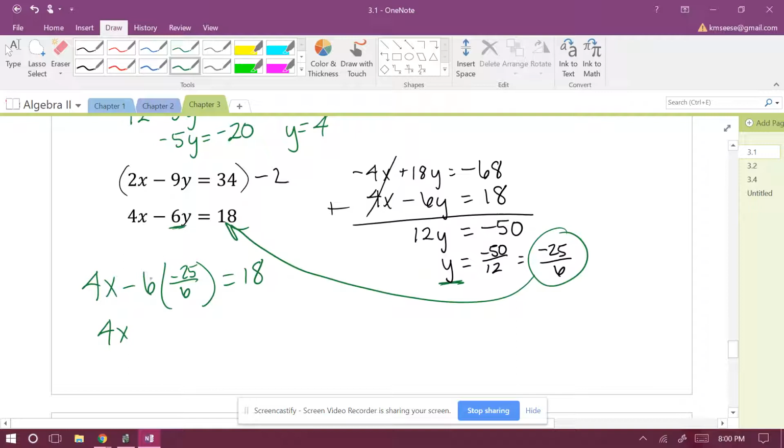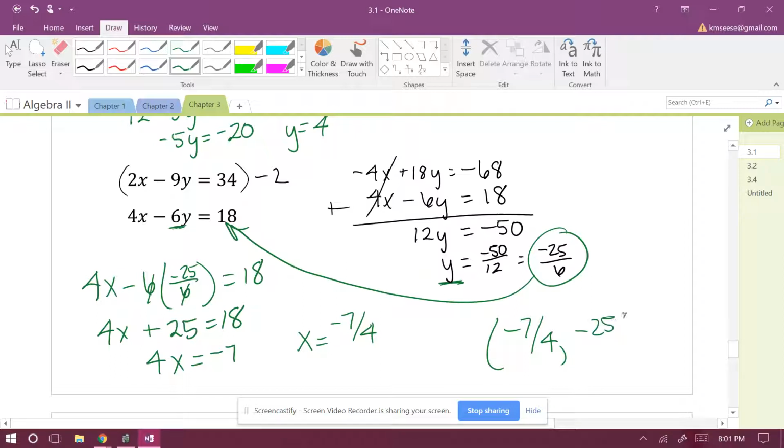Here, my 6 cancels out, so really, I'm just left with positive 25. 4x plus 25 equals 18. Come down to 4x equals, subtract 25 over, negative 7. So my x is negative 7/4. So my final answer here, my ordered pair, is x negative 7/4, y negative 25/6.